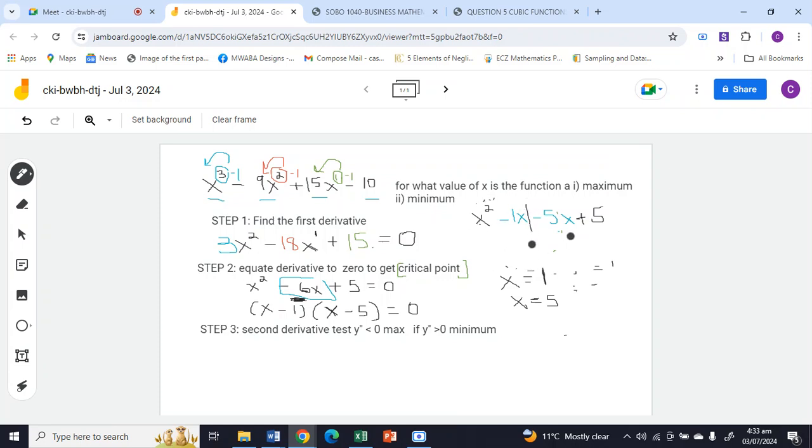So let's look at x squared minus 1x. What is the common factor here? The common factor is x. So x squared divided by x is x, minus, negative 1x divided by x gives you negative 1.